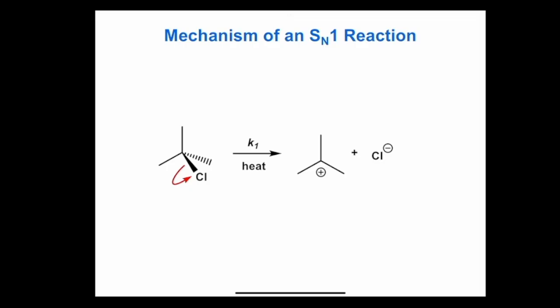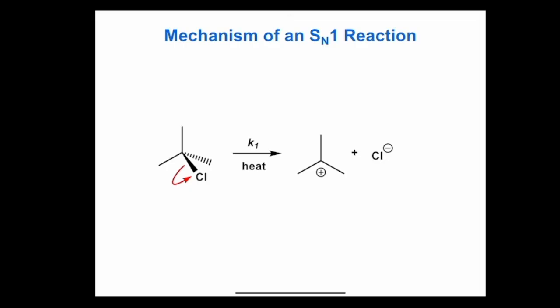SN1 starts off by taking my leaving group, and I lose the leaving group. Where SN2 started with the nucleophile attacking, kicking out the leaving group, now SN1 says, I don't need that chlorine, I'm done with it, I'm a strong independent carbocation, I'm fine on my own.